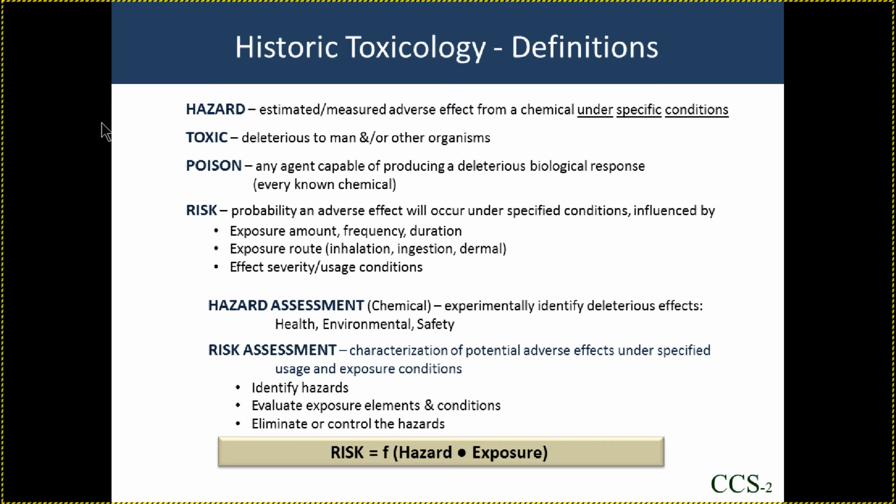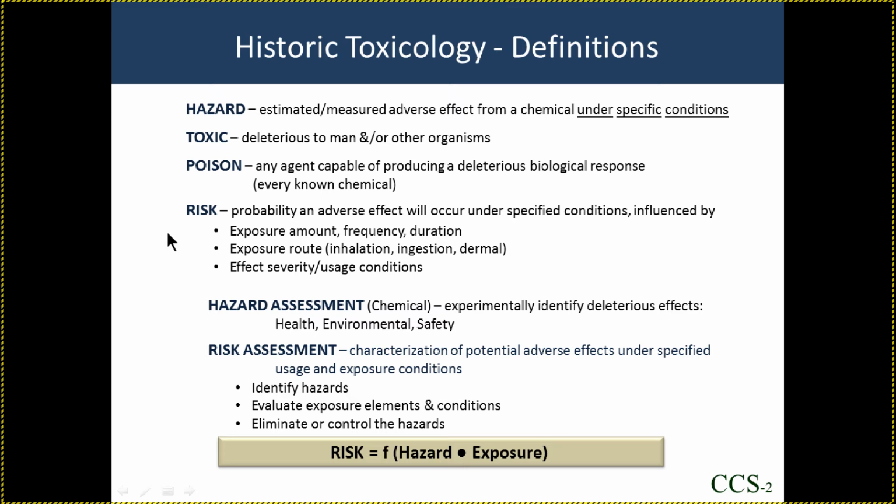It's an intrinsic factor related to a chemical impact, but it's tested under very specific conditions. And so when we talk about toxicity or poisonous effects, those can certainly be hazardous impacts, but they're usually used in a more emotional kind of state than where hazard is a specific estimated or measured adverse effect.